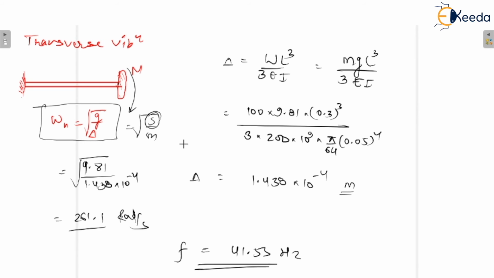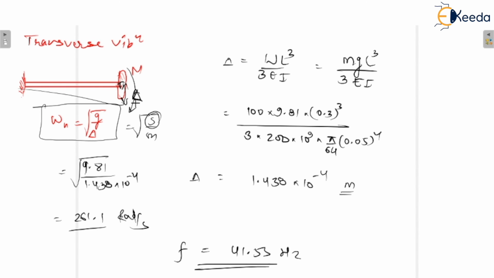But if the examiner gives you the stiffness of the system for transverse vibrations, then you have to apply the value of S. If it is not given, then you have to use under root of g by delta, because we can calculate the value of delta. Delta is nothing but the deflection of the shaft.